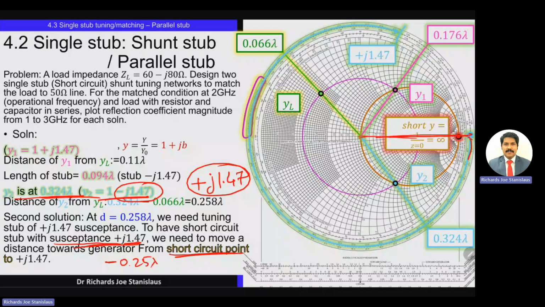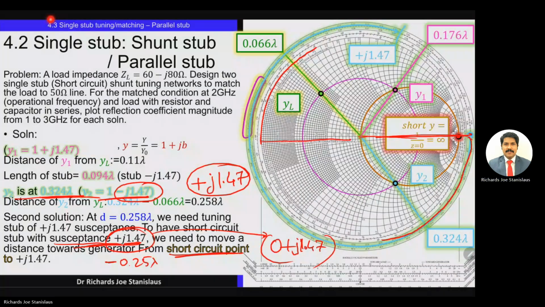Now from here, we need to move all the way along to reach a point where admittance is plus j 1.47. What is plus j 1.47? It's nothing but 0 plus j 1.47. So 0 resistance, the normalized resistance, is nothing but this outermost circle, but I'm just marking it over here, right? Because along the horizontal axis, 0, 0.1, 0.2, like this, all the values are listed. So 0 is the outermost circle along the Smith chart.